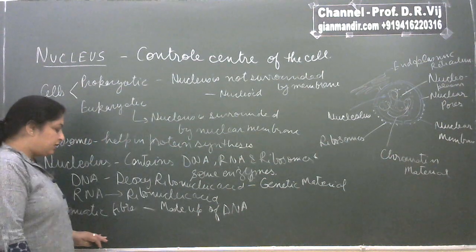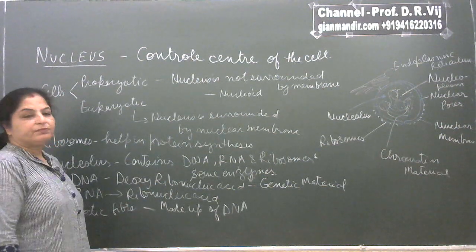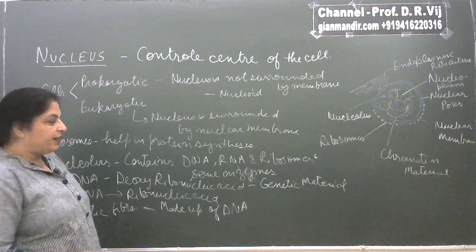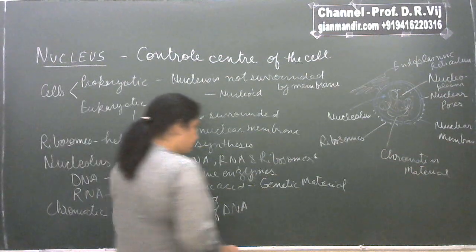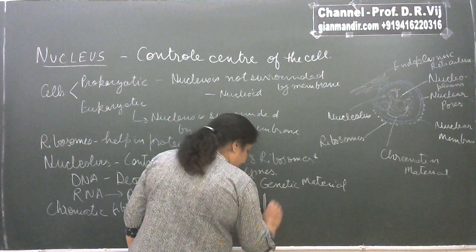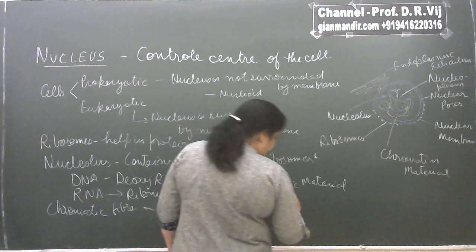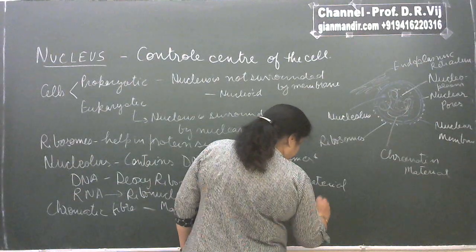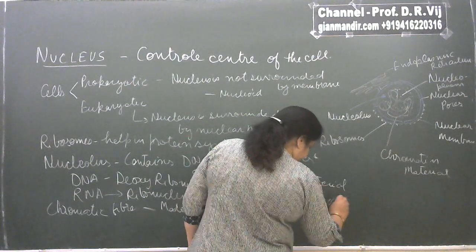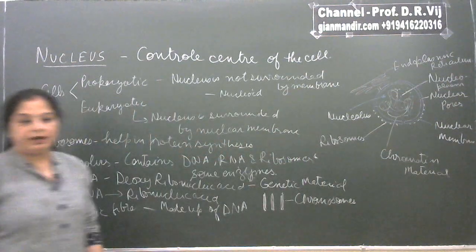So in the normal condition, this chromatin fiber is in the form of an entangled structure, but at the time of cell division, this chromatin material arranges itself in rod-like structures in the nucleus, and these rod-like structures are known as chromosomes, right?